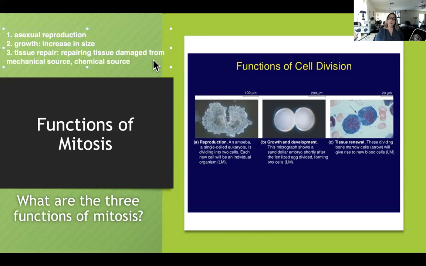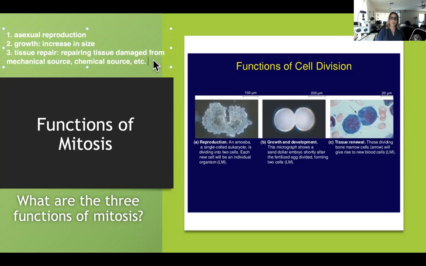Like if there are chemicals in your body that are damaging your tissues, things like that. So wherever you need tissue repair in your body, that is the function of mitosis. So keep in mind that mitosis is cellular reproduction or division, and it fulfills these three functions that I showed you right here.